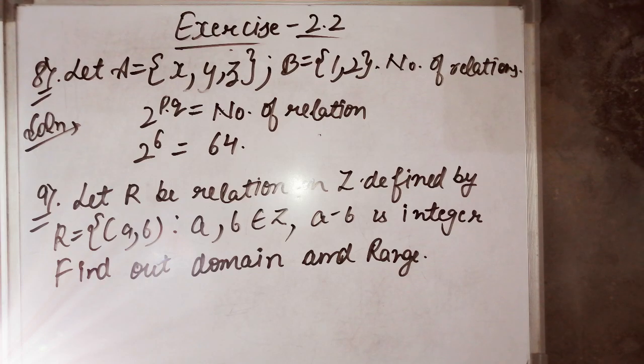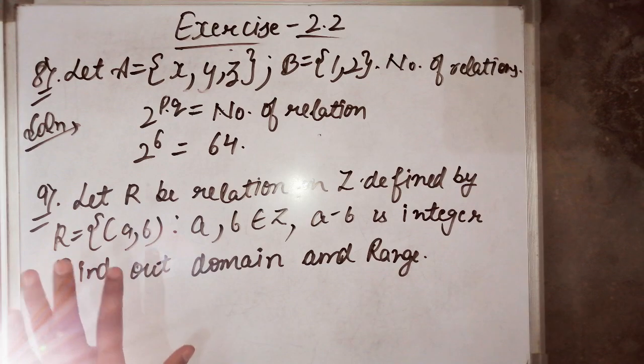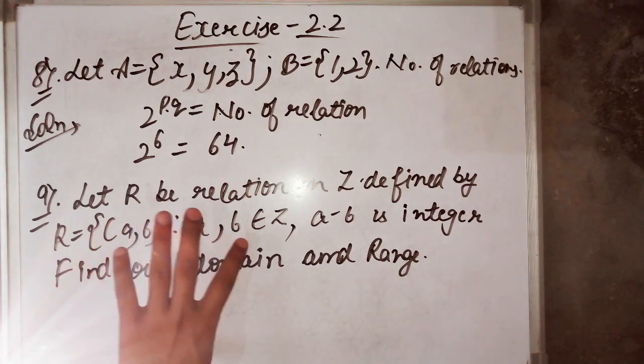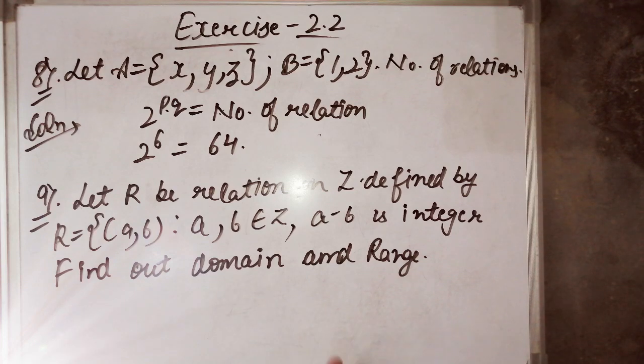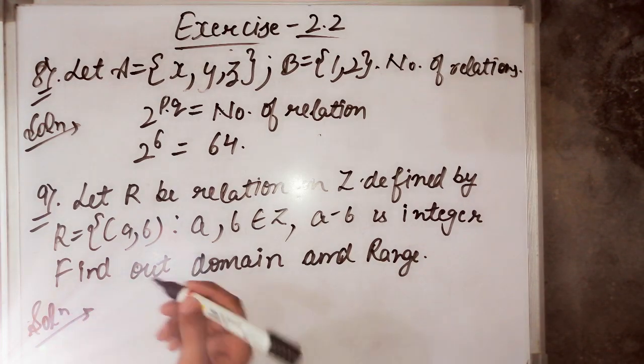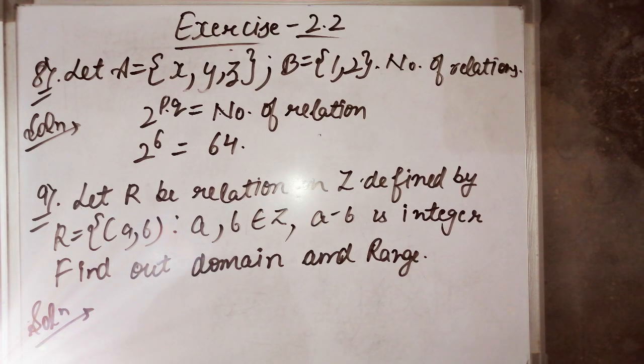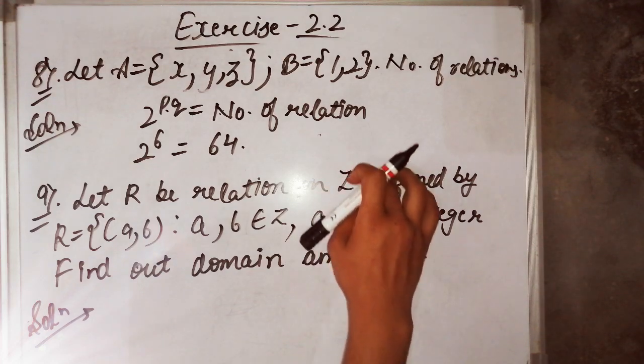Okay students, this is quite a tricky question, and in this question we need to find the relation on Z, which is defined by R equals {(a, b)}, such that a and b belong to integers and a minus b is also an integer. We need to find the domain and range. Let's see the solution. Students, what is this Z?